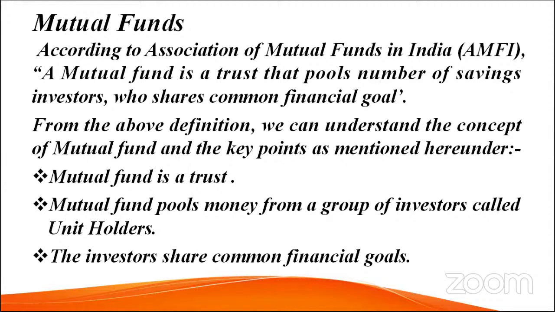Suppose the total capacity of a particular mutual fund is 1 crore, and the total number of members is, suppose, 100. Then what is the size of the unit? That is 1 crore divided by 100. That will be the size of a unit. And each individual member will purchase one or more units, so that they become members.